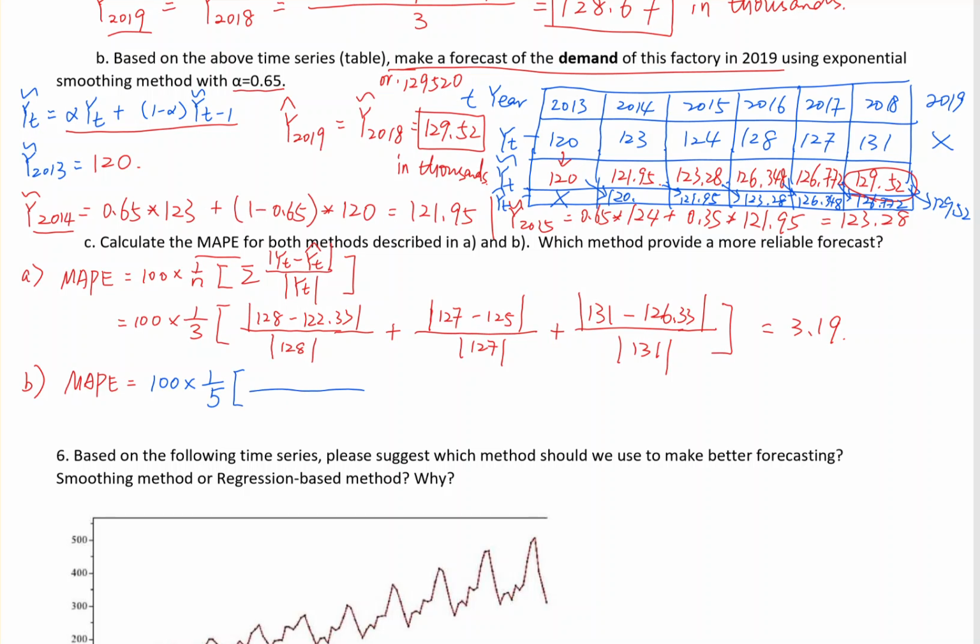So the first one is this one, which is 123 minus 120, absolute value, divided by 123. Next pair will be 124 minus 121.95 divided by 124.